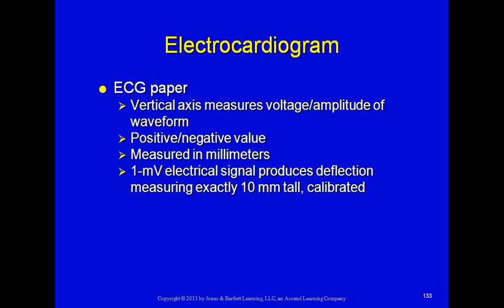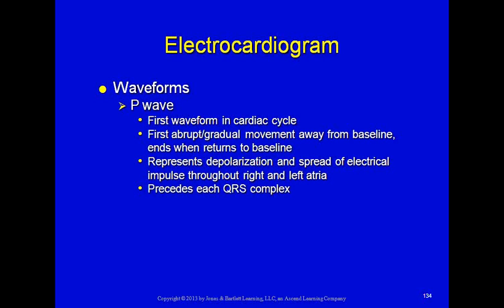The other thing to keep in mind is that machines calibrate themselves when you turn them on. In a calibrated machine, a 1 millivolt signal will produce a deflection measuring 10 millimeters tall, and that tells you that the machine is calibrated.